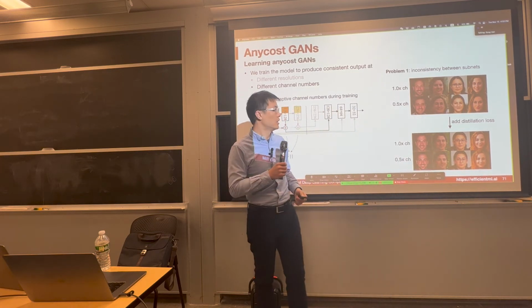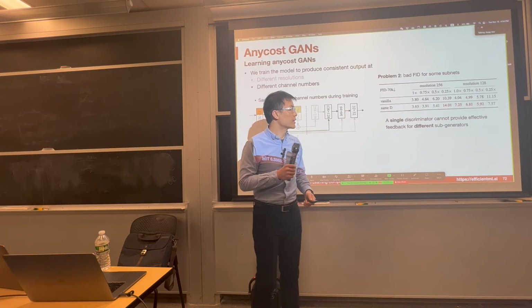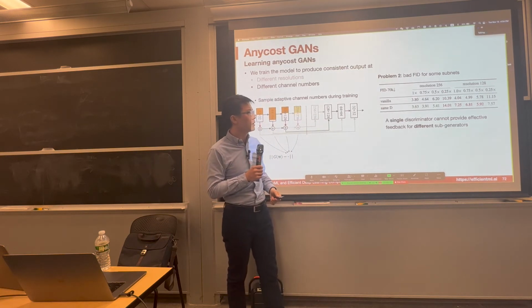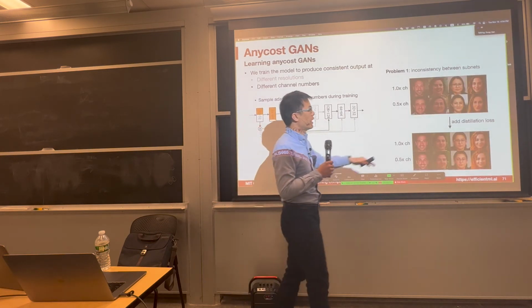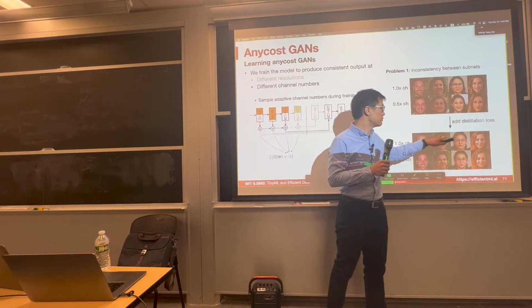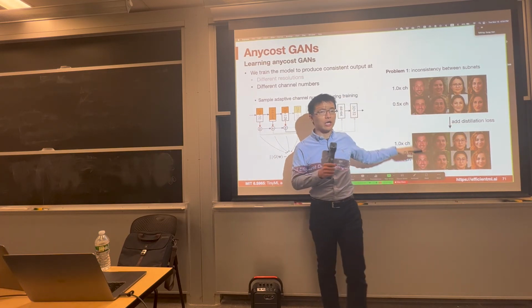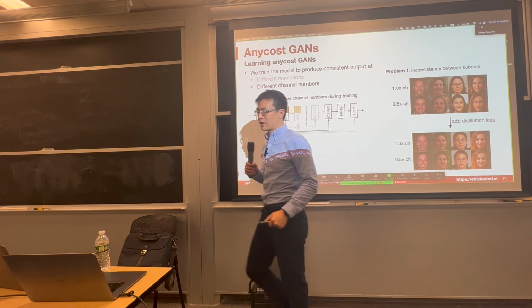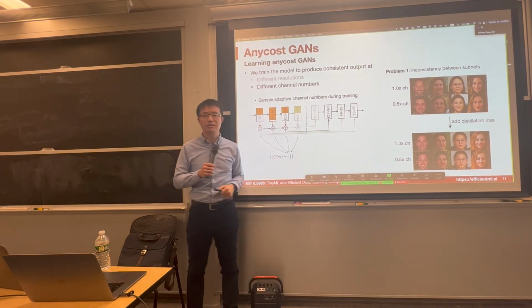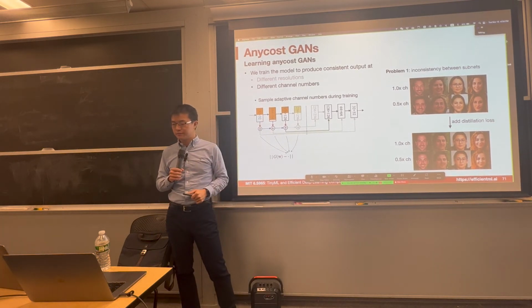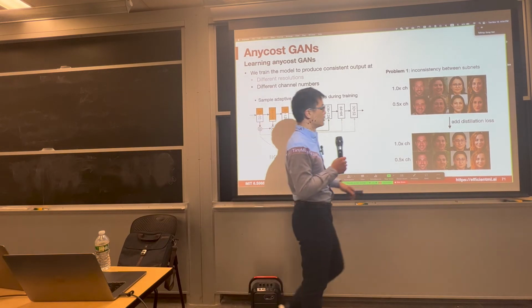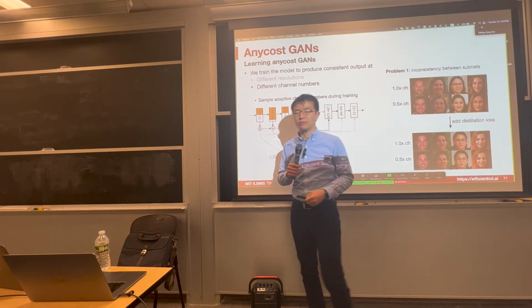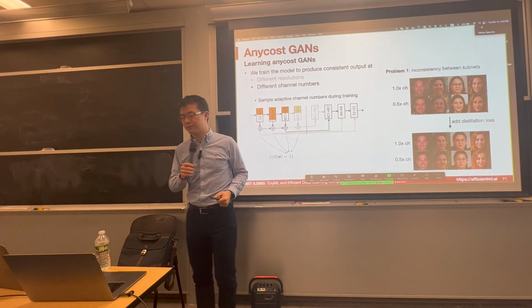So we want to add a distillation loss to make sure the full channel and partial channel outputs match. After applying the distillation loss, the full model and the partial model can generate very similar images.